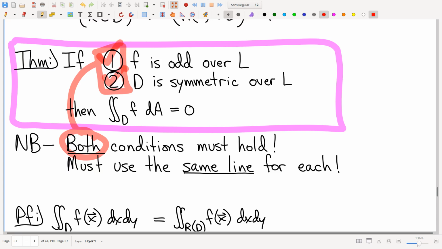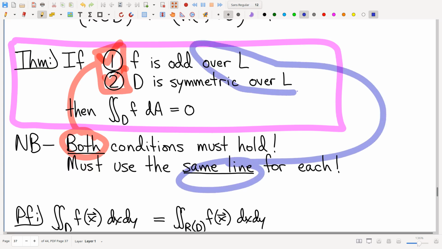It would be too much to ask, and you can come up with your own easy counterexamples when you have a symmetric domain, but not an odd integrand, and the integral will, of course, not be 0. Okay. Also, you do have to do these reflections over the same line. It's got to be the same line for both the oddness of the integrand and the symmetry of the domain. Otherwise, the argument's just not going to work.